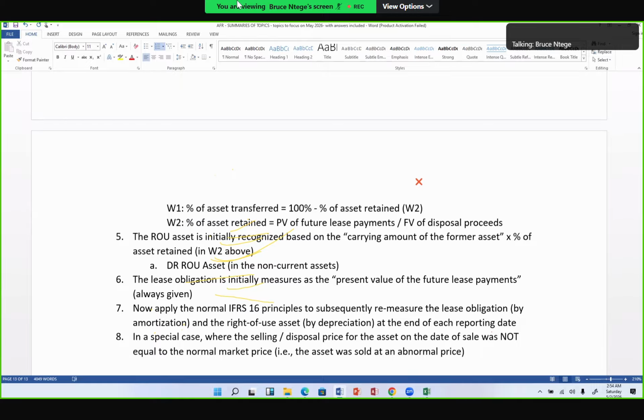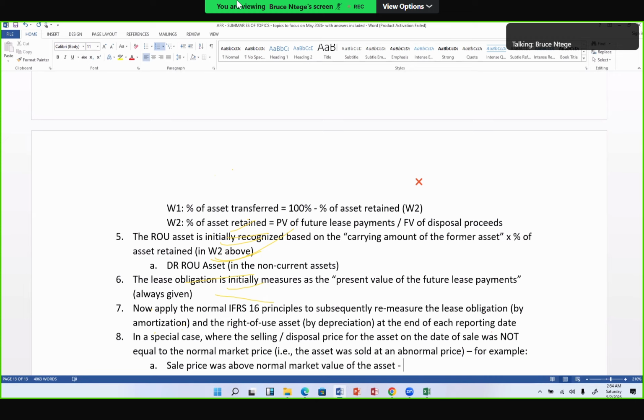So where the price of the asset sold was not equal to the normal market fair value of the asset, for example, the sale price was above the normal market value of this asset, in that case you made this company, or this seller, when he sold that asset which he is leasing back, an abnormal profit.